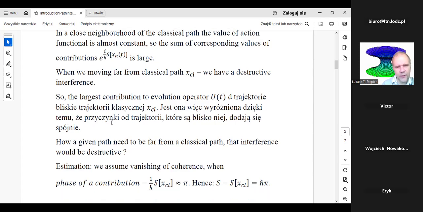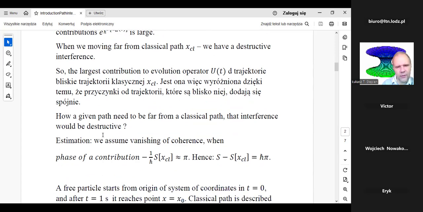And now, if we have a path which is far from the classical path, we can ask the question: how far from the classical path must this path be in order for the interference to be destructive? And we can give such an estimation.